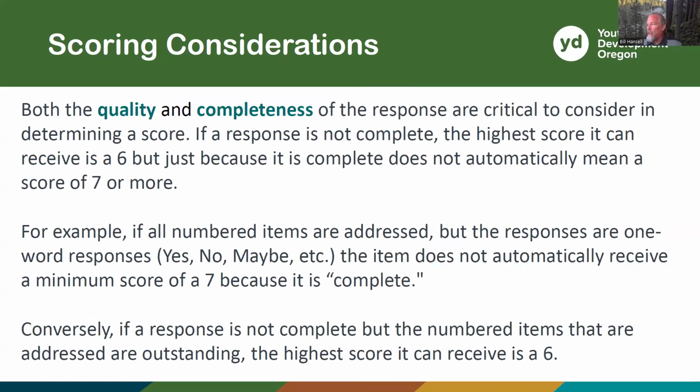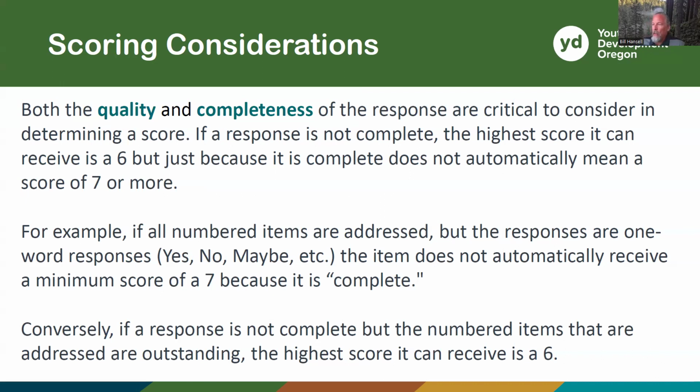Both the quality and completeness of the responses are critical to consider in determining a score. If a response is not complete, the highest score it can receive is a 6. But just because it is complete does not automatically mean a score of 7 or more.